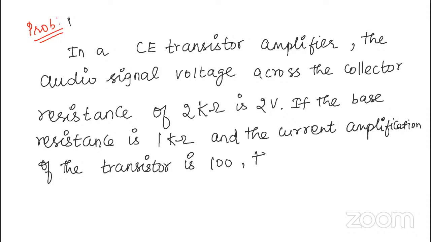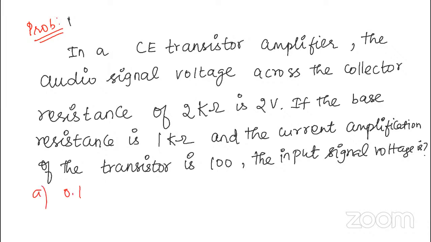Then the input signal voltage is what? So இதை calculate பண்ண, here they are given 4 options. A is equal to 0.1 volt, B it is 1.0 volt, C it is 1 millivolt and D it is 10 millivolt.